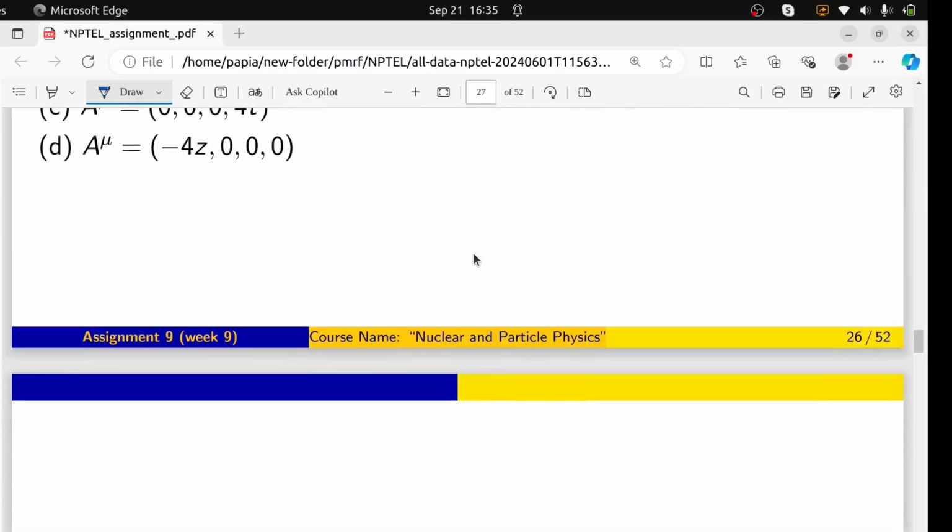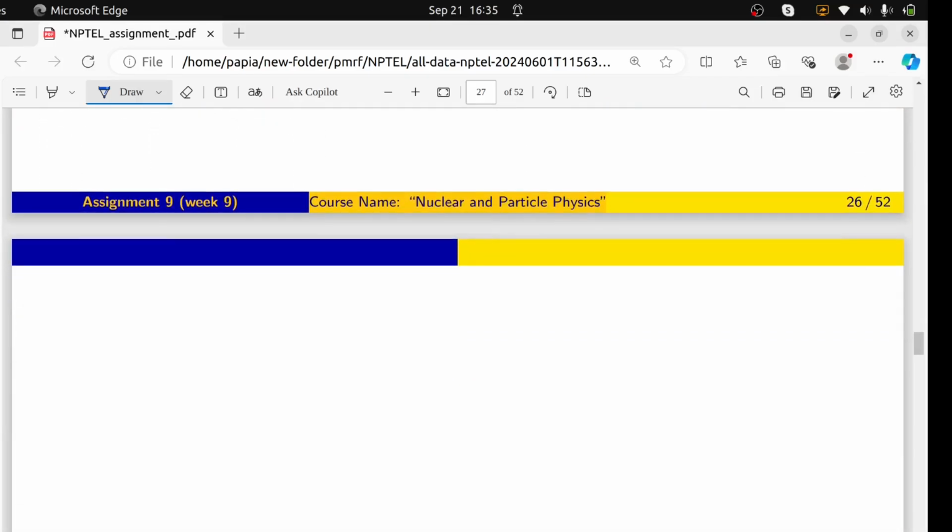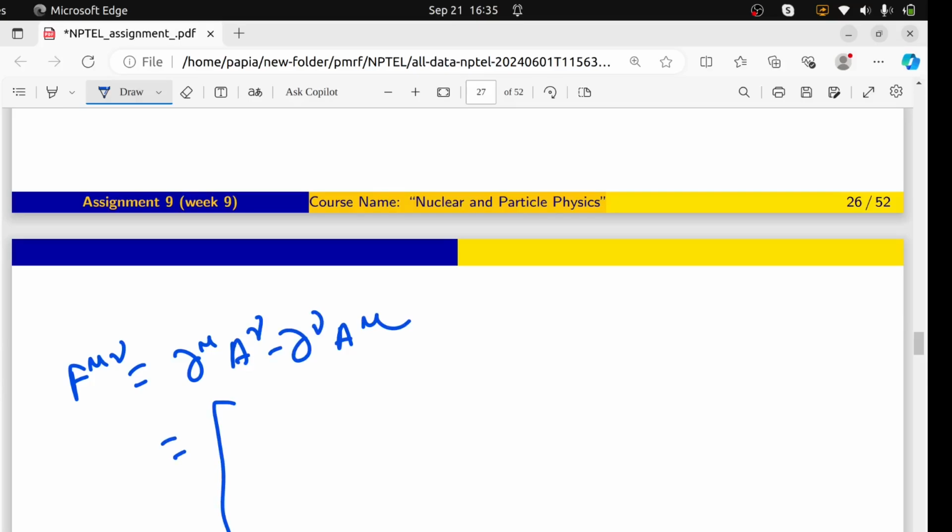So let me first write here the F mu nu expression in the matrix form.